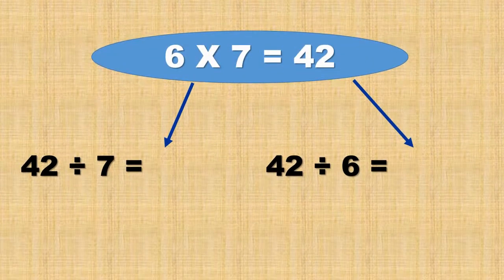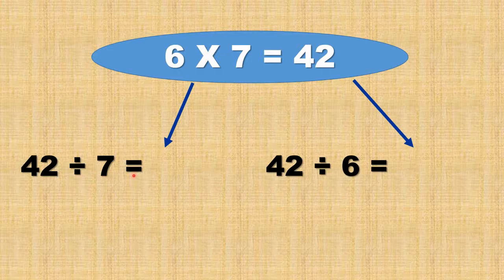Now second example, 6 multiplied by 7 is equal to 42. Here 42 divided by 7 is equal to, so students tell me in the box which number will come? Yes, very good students, 6.